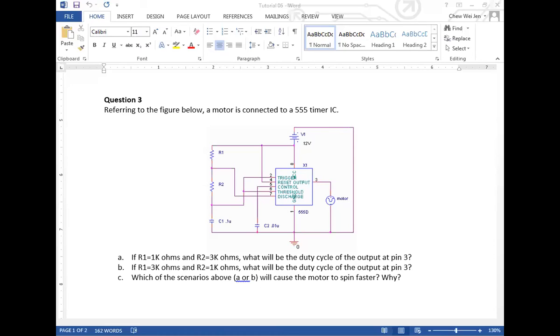Then when it's low, it stops, then it spins again. But in general, what we see is just B. Because it spins 80% of the time, so supposedly it stops 20% of the time. Spin, stop, spin, stop. So basically, it's actually spinning faster compared to the other one, which spins and stops longer. So it's sort of slowed down.